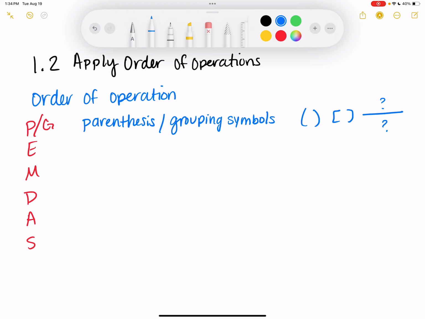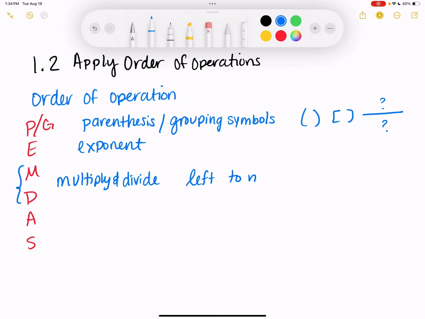Then our E is for exponent, or some people would say evaluate the power. So anything raised to a power, we would want to do next. Then these next steps, multiplication and division, are done left to right.